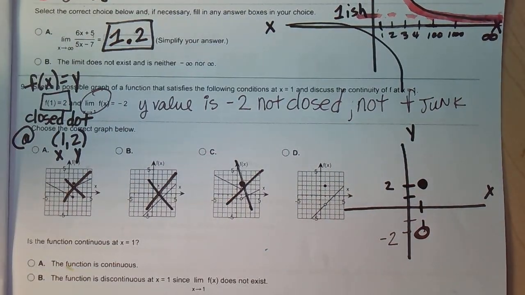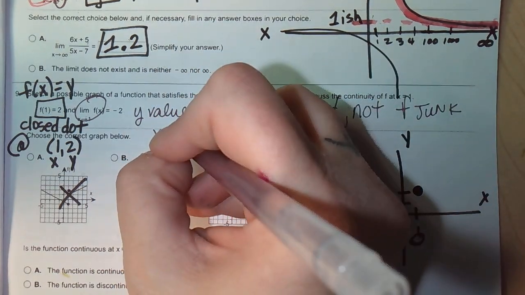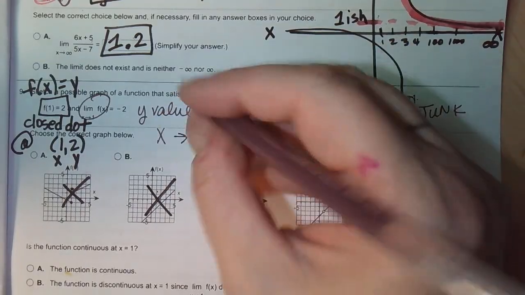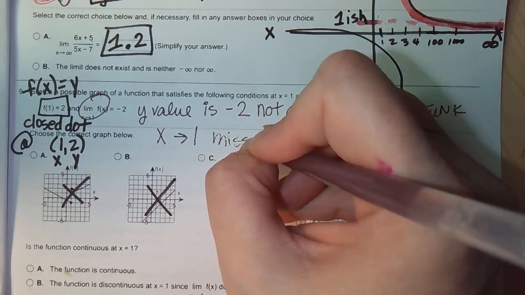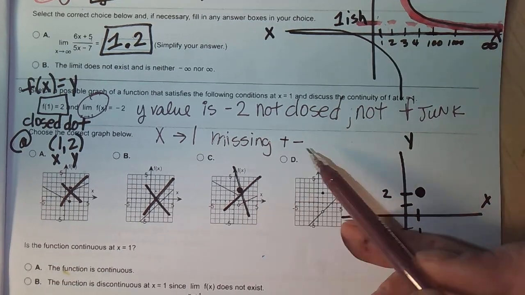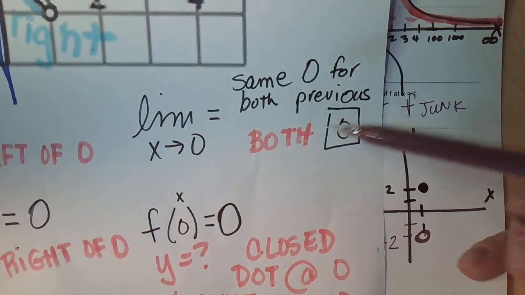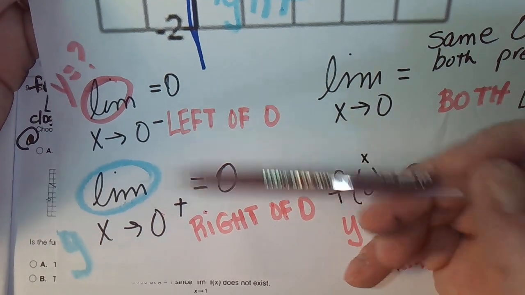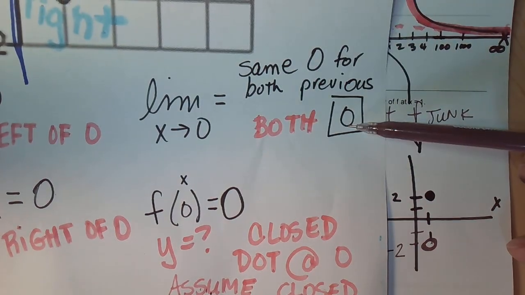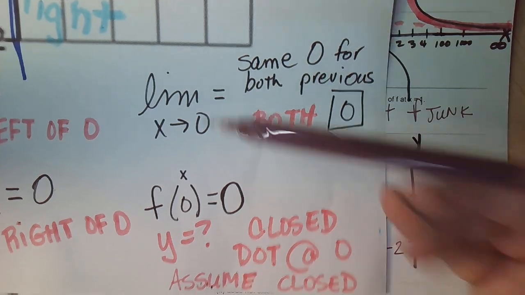Okay. Now, check out that thing underneath. x approaches 1. That does not have a plus or minus in the top. So since it's missing a plus or minus, that means from the left and the right had the same y value, so that's why I could use it with no little plus or minus in the top of the air.